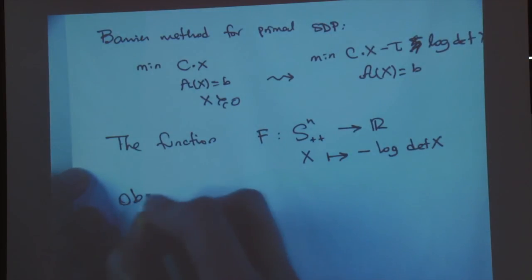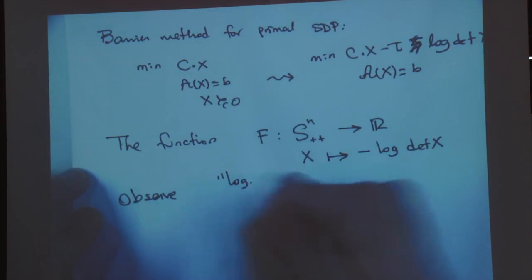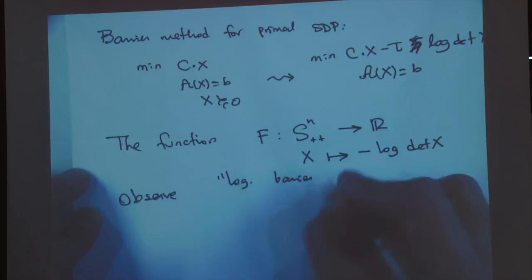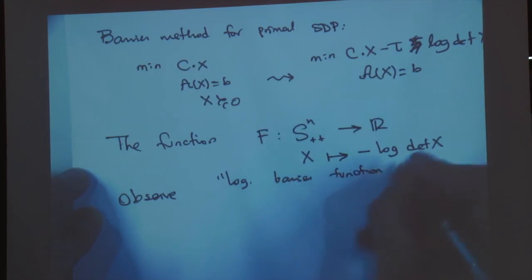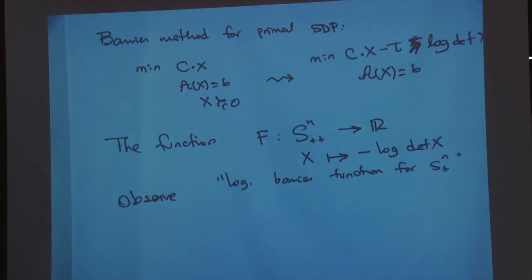This is called the logarithmic barrier function for the cone of positive semi-definite matrices S^n_+.